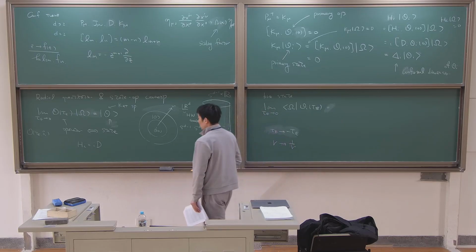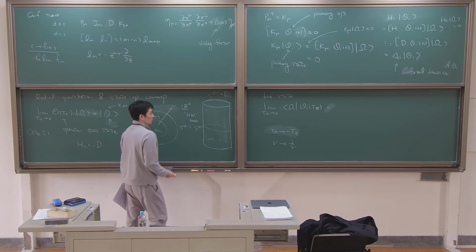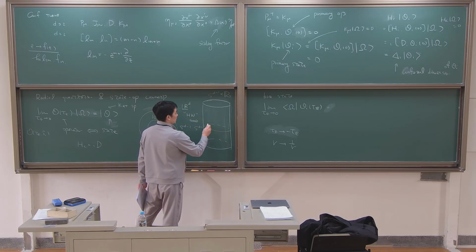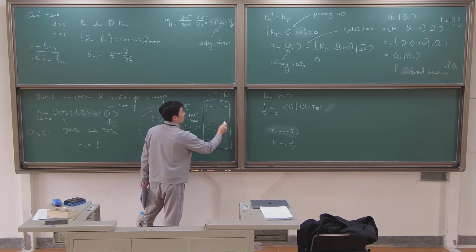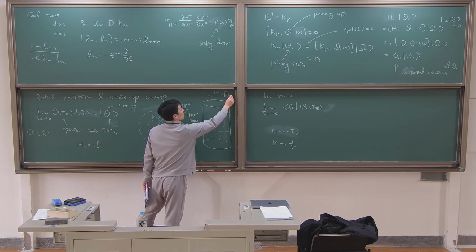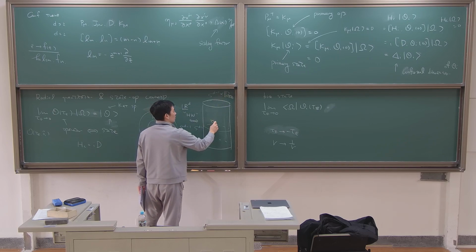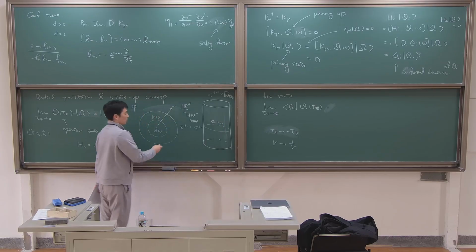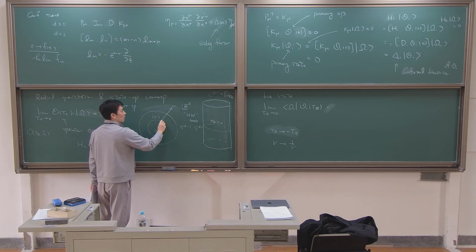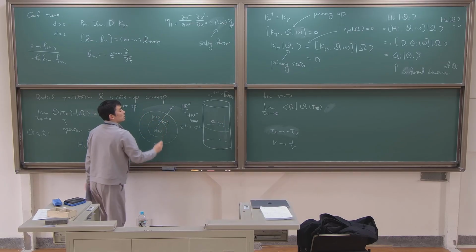That's the transformation rule. So here we consider tau_e equal to 0, corresponding to radius r equal to 1.